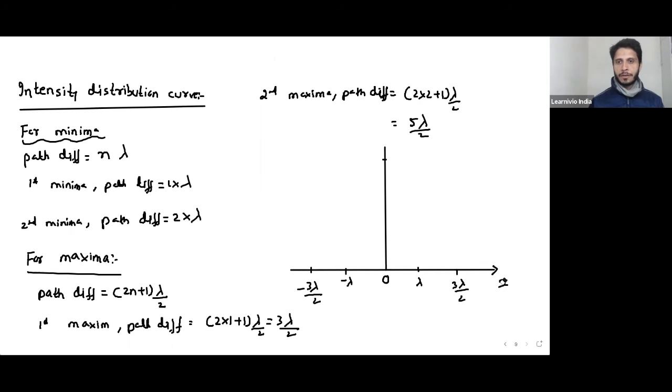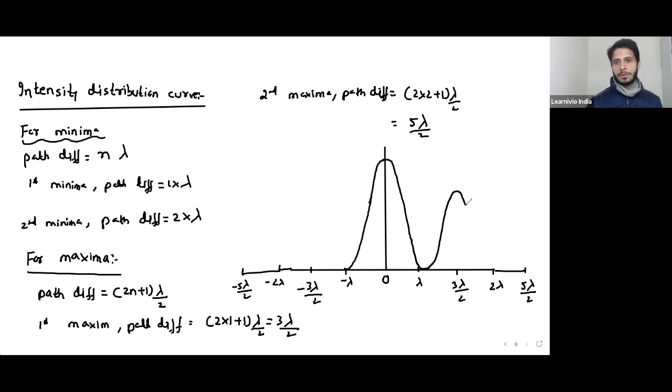Similarly, you can write other values as well. Like after 3 lambda by 2, you can write 2 lambda, which is minimum. Then you have 5 lambda by 2. And then you have here also minus 5 lambda by 2. This is again minimum. So this is it. This is central maxima. This is first minima. This is central maxima.